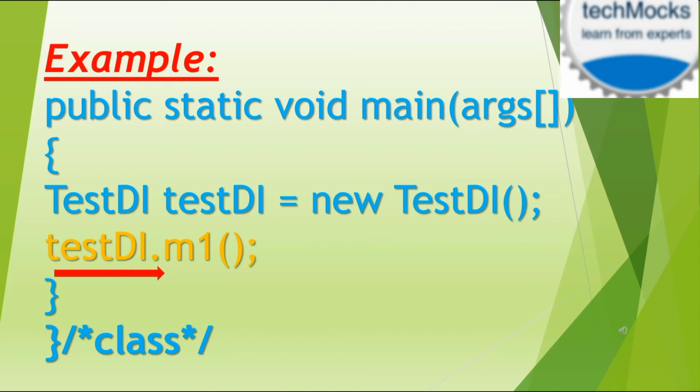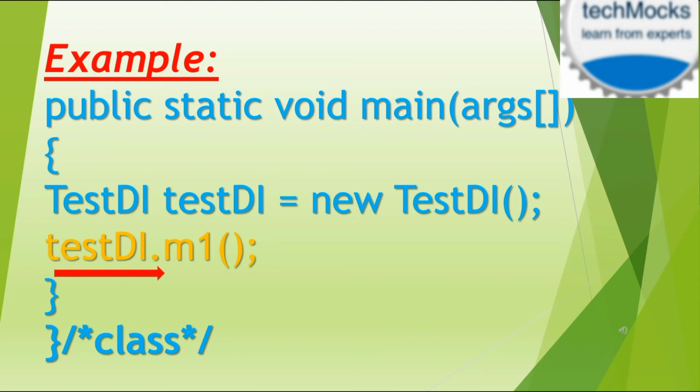So in this code, m1 method is dependent on the object of what? Testdi. Without this object, we cannot call the method m1, meaning m1 method is completely dependent on the object of testdi class. So this code is tightly coupled.